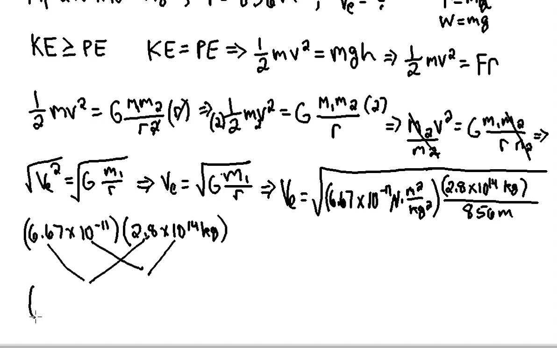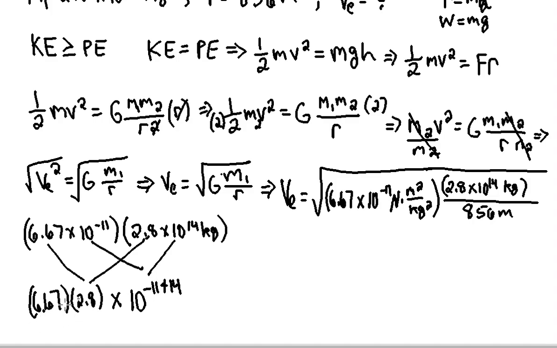So 6.67 times 2.8 times 10 to the negative 11 plus 14.